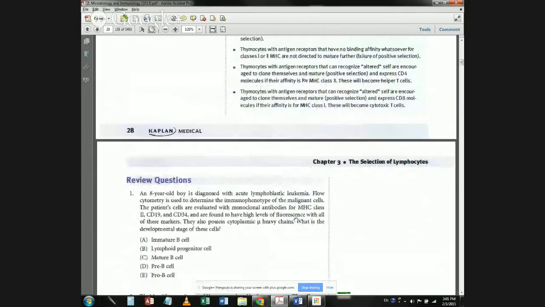All right, questions. An 8-year-old boy is diagnosed with acute lymphoblastic leukemia. Remember, that happens in young white boys, and it's usually TDT expression, right? And what else is there?